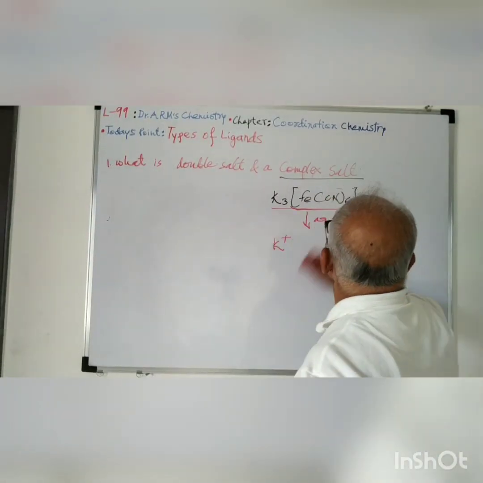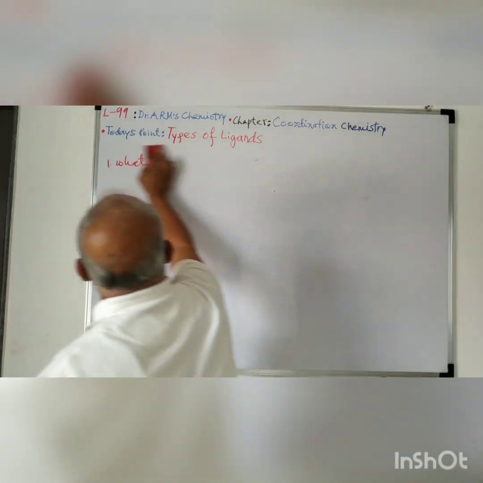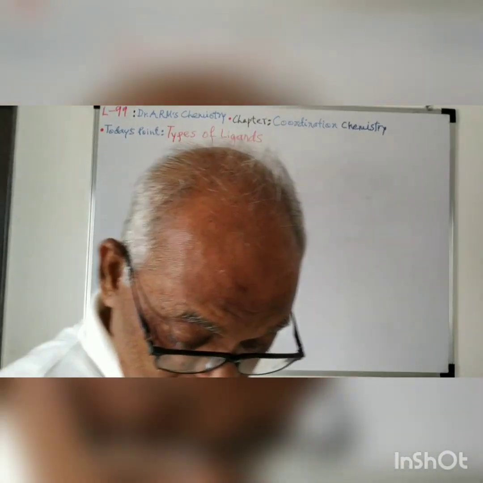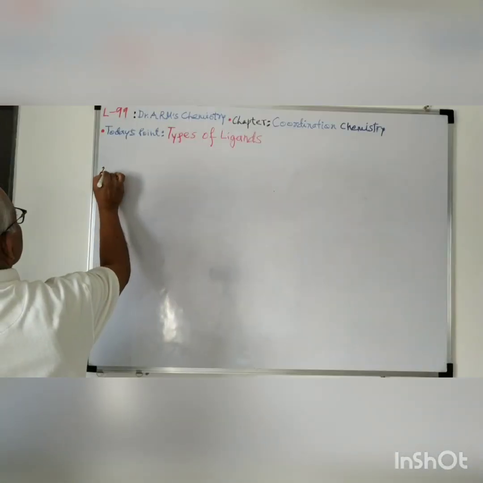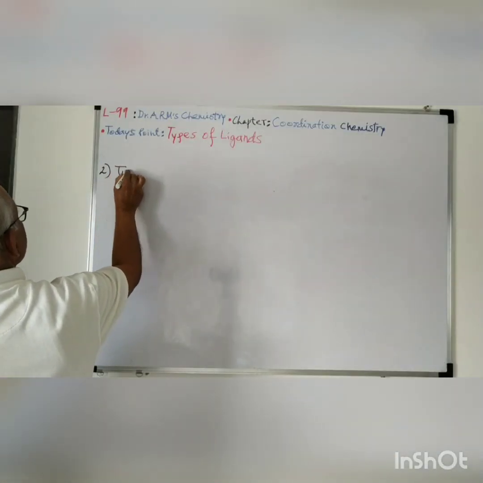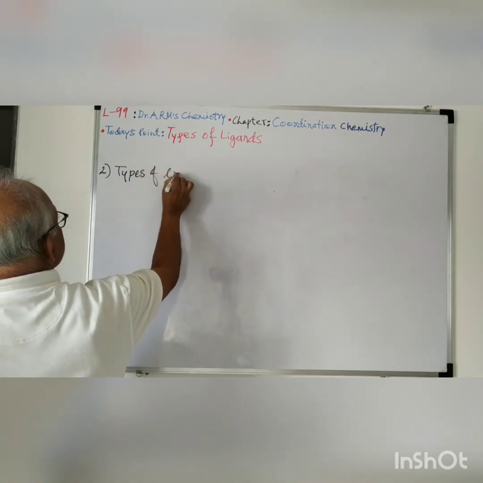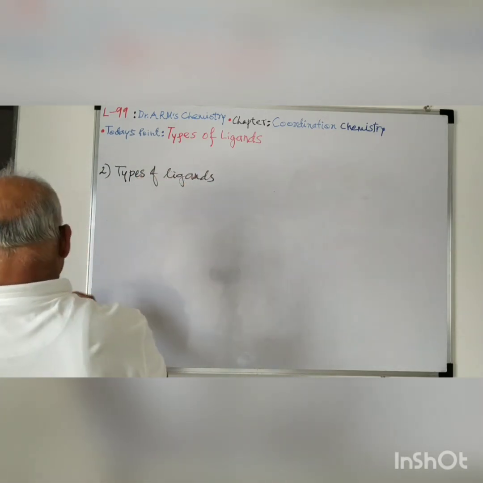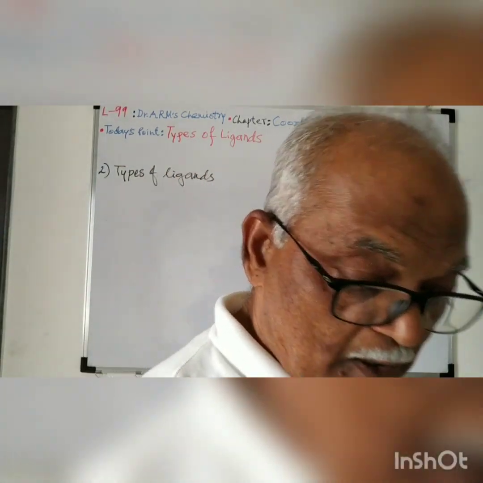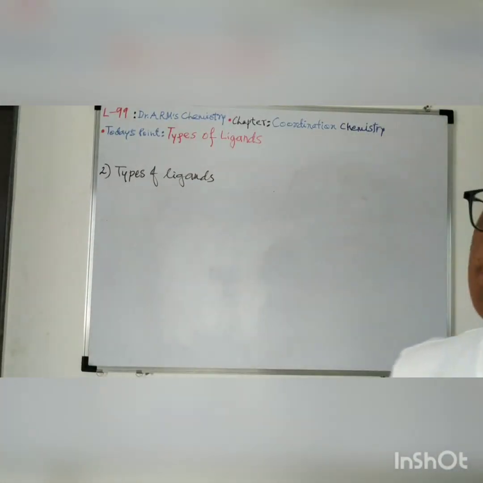Next, we will see the types of ligands. We have already seen the nature of ligands and their alternative names, such as Lewis acids and Lewis bases.